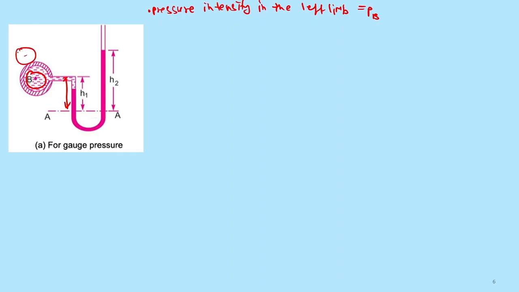In the left limb the pressure is due to this point B and this column, so we will add them. So we will put a plus sign and write the pressure due to this column, that is rho 1 G H1. And similarly we will find pressure intensity in the right limb.